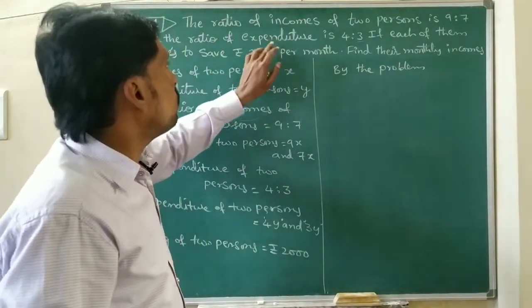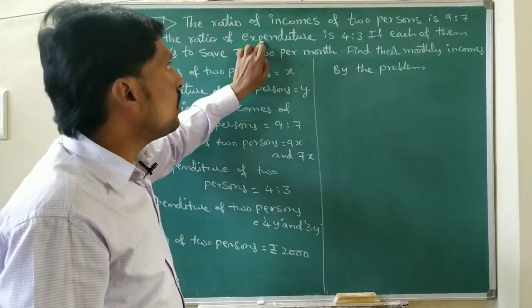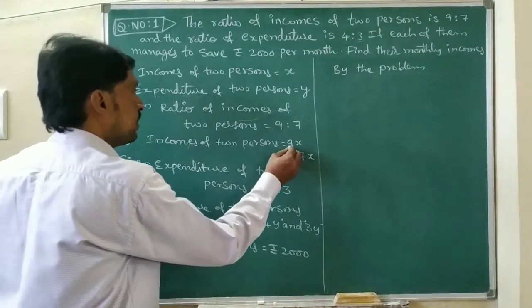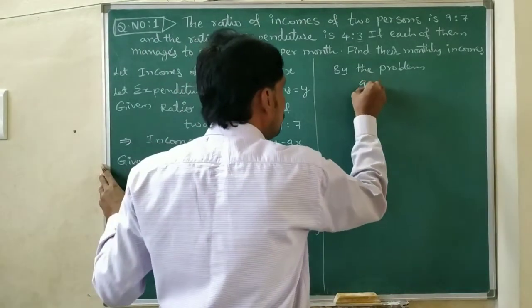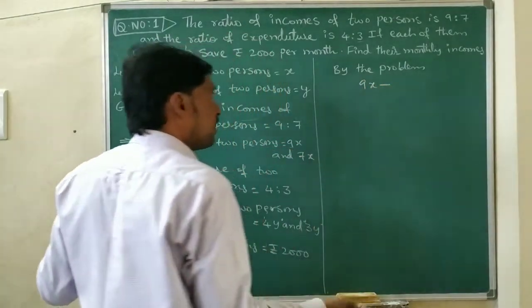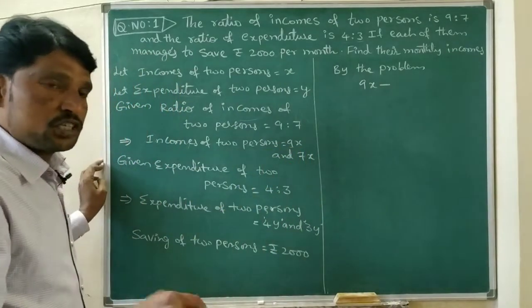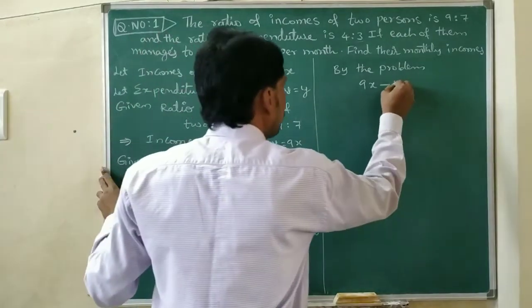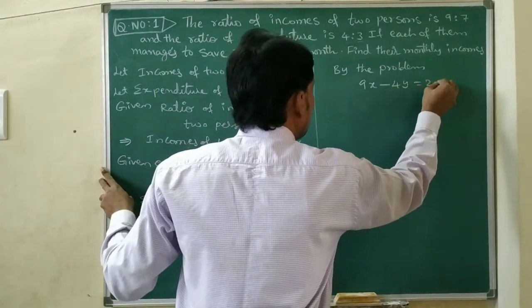From total income we need to subtract expenditure, and we get the saving. First person's I am taking. So first person's income is 9x minus expenditure, first person's expenditure is 4y, equal to 2000.